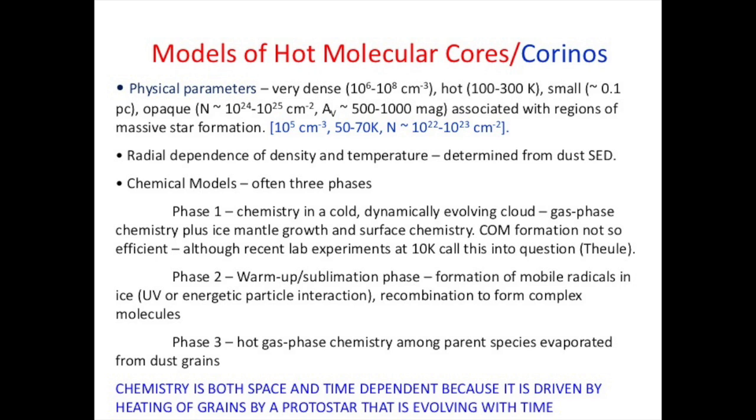And you generally build chemical models from three sources. One is you try and ensure that you have the pre-chemistry right, the chemistry before the material freezes onto dust grains. So there's a low temperature, cold, perhaps dynamically evolving gas into a high temperature region. Follow ice mantle growth and also surface chemistry that's going on in this cold phase.